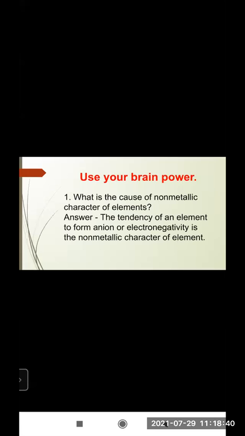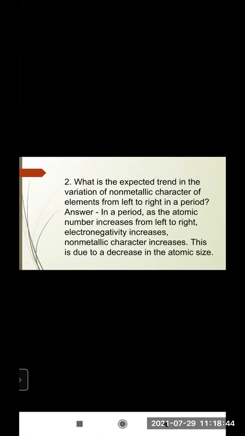Okay. Now we'll see the second question. What is the expected trend in the variation of non-metallic character of the elements from left to right in a period? Now this is about period. Clear? Already we have seen that. What is the tendency observed?